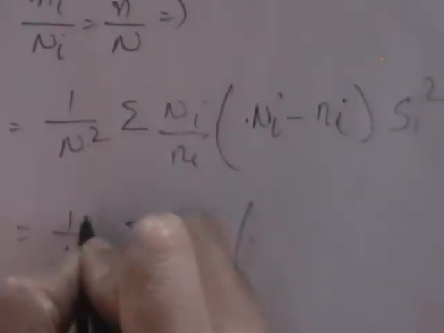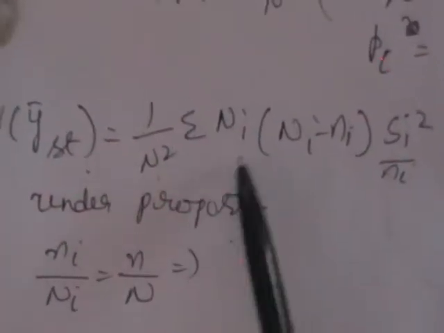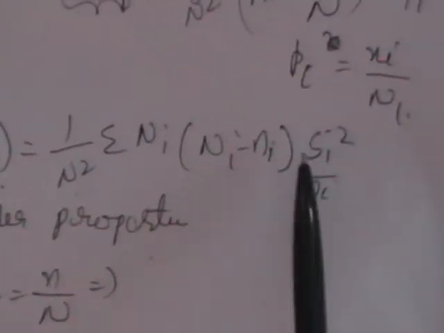Let us rewrite this one. We have the variance of y bar st as 1 by N square sigma Ni into (Ni minus ni) into si square. Let us write this as 1 by N square sigma Ni into, let us divide here, Ni by ni minus ni by ni into si square.